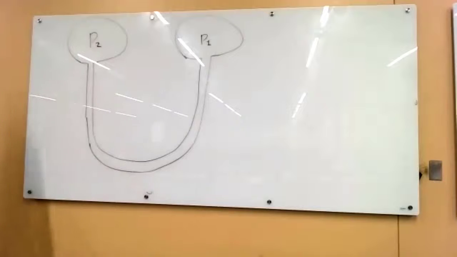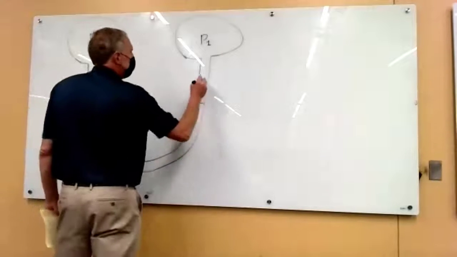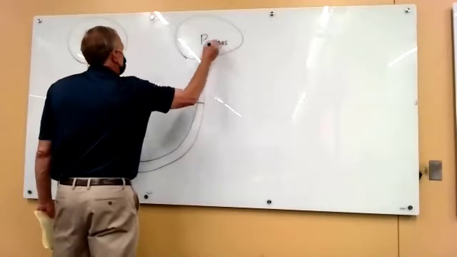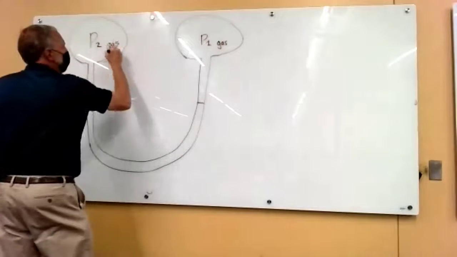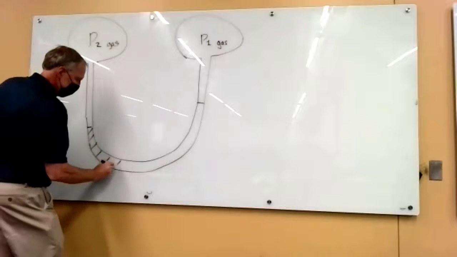So that's a tube. It can be a hose. It needs to be clear because we need to be able to see the fluid inside it. But it could be a plastic hose, which is what we use in our lab, or it could be a glass tube, some kind of hose. And then we put a fluid in here. So this is a gas here. This is a gas here. And in here we put a fluid.